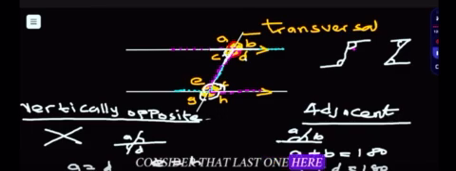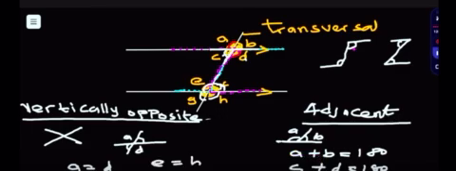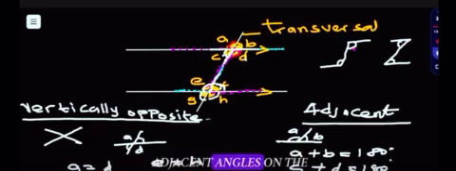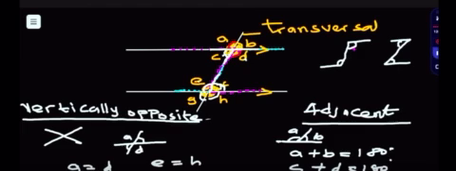Consider the last one here, E and F. E plus F is equal to 180 degrees. Why? They are adjacent angles on the straight line. G plus H will also add up to 180 degrees. Why? They are adjacent angles on the straight line.